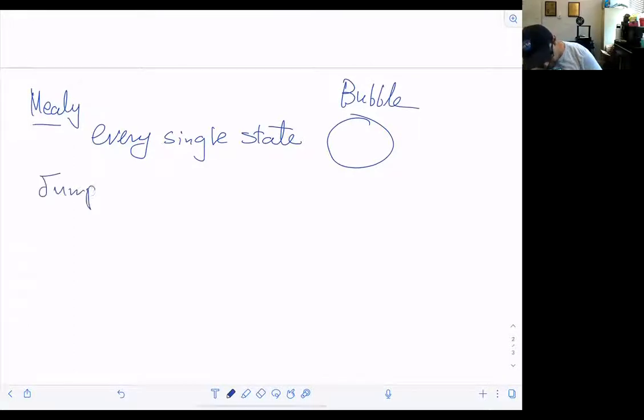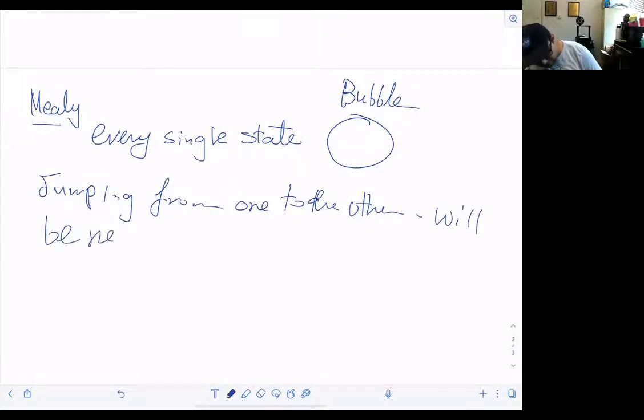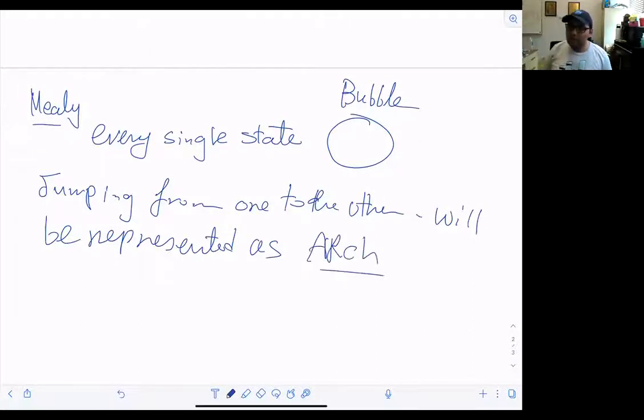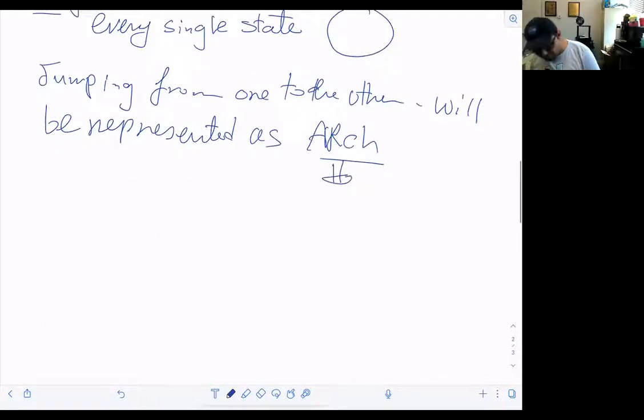Jumping from one to the other will be represented as an arc, right? And it's going to be an informative arc. Why? Because you will define inputs slash outputs. If the input is like this, the output will be like that while I'm transiting from one to the other.